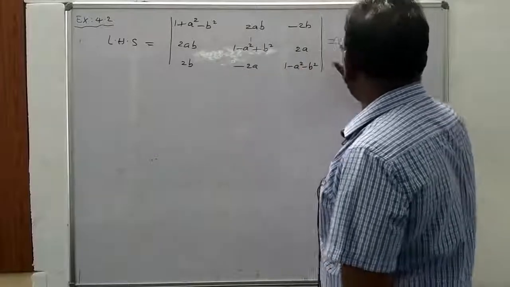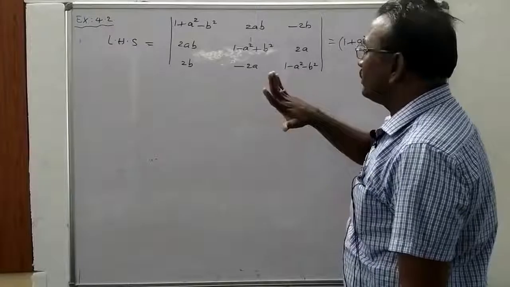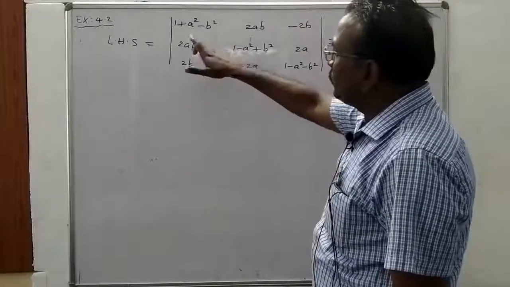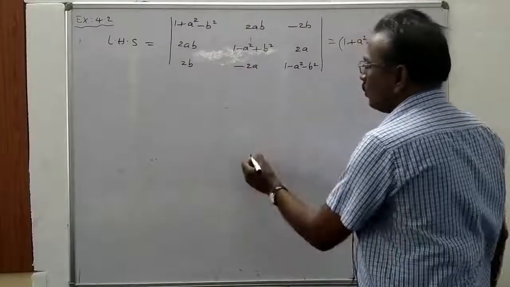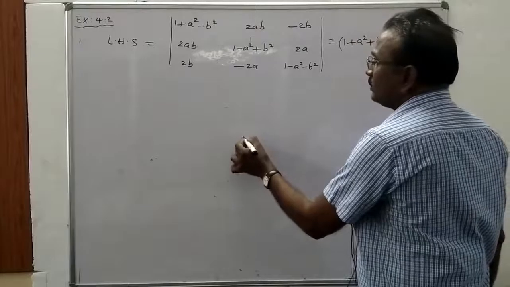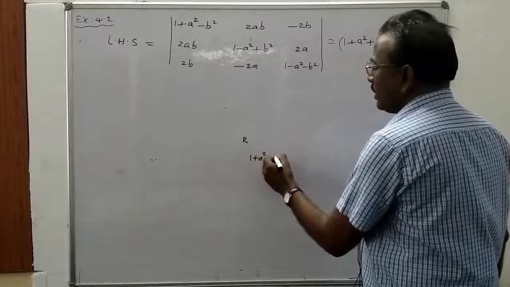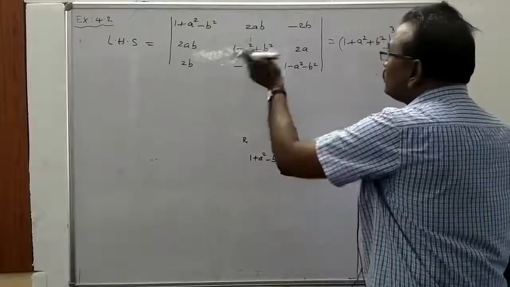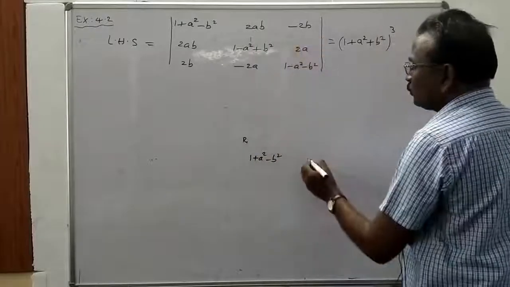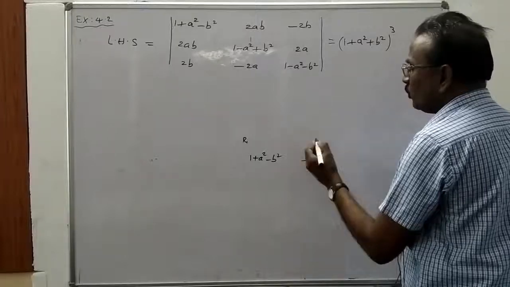How to get 1 plus a square plus b square common? So observe the first column elements. Here R1 element is 1 plus a square minus b square. Observe the third column, minus 2b.